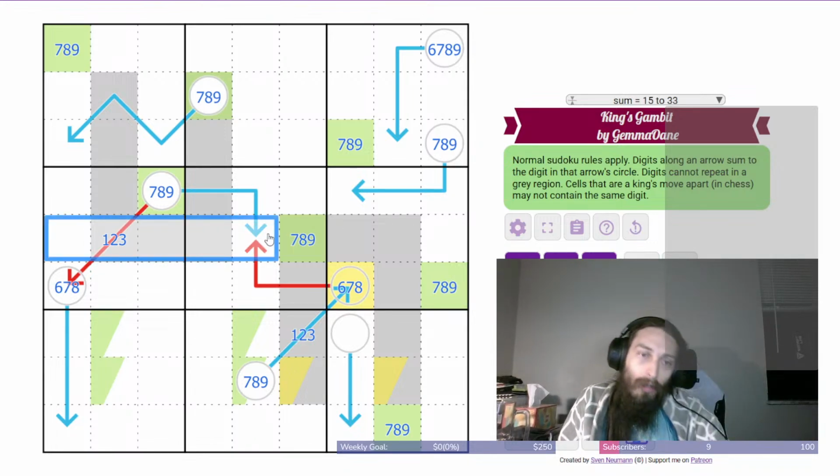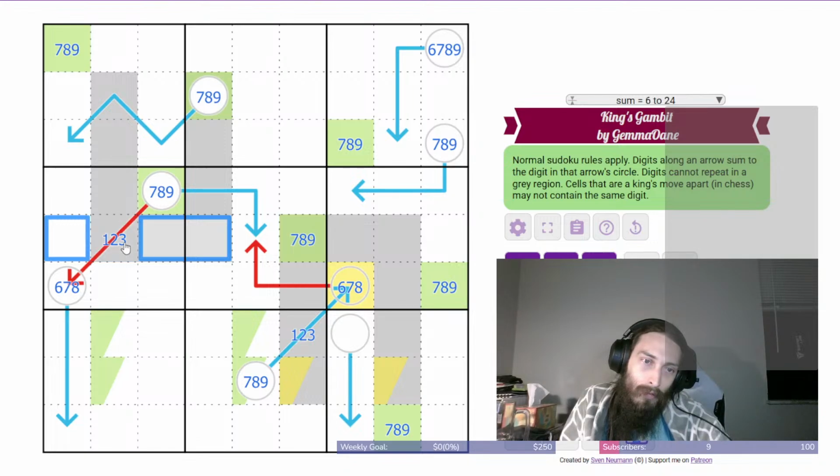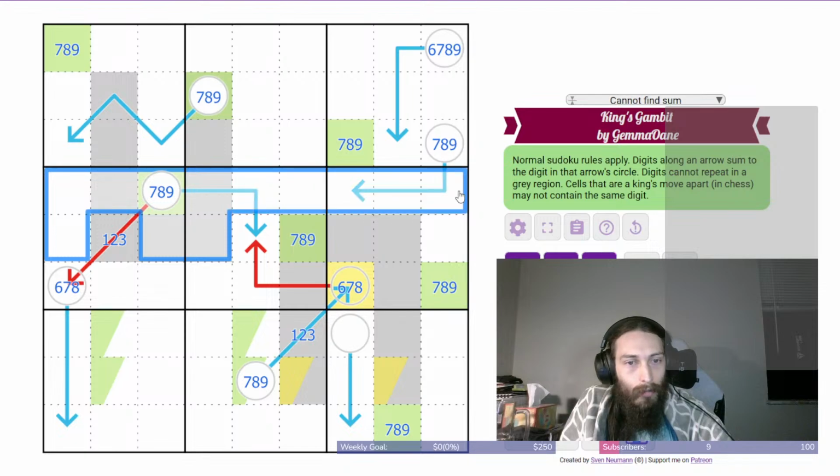Yellow in this row has to be one of these four. And in this row, it couldn't be this one.